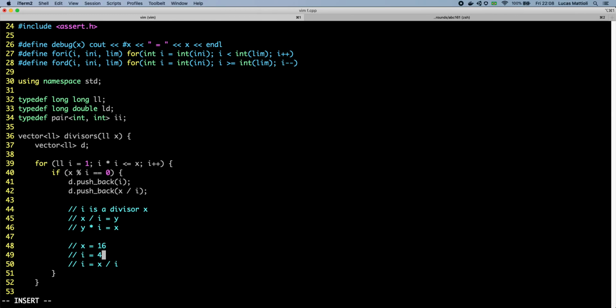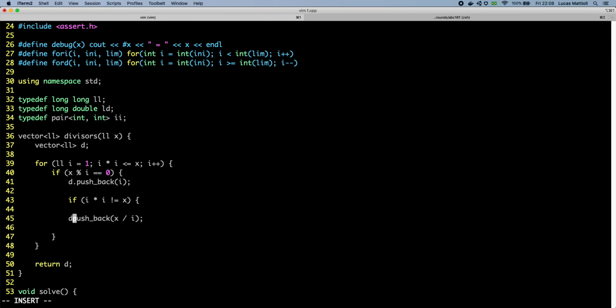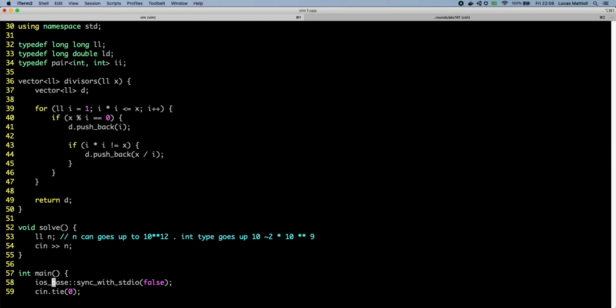So when we reach the square root of x, we'd be putting the same number twice in the array, but we don't want that. So we can just check if the square of i is different from x, and if so, we put this one also in the array. Okay, so this should be the function that calculates the divisors of a number.